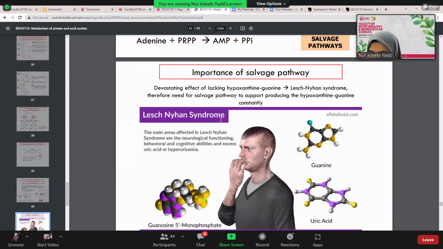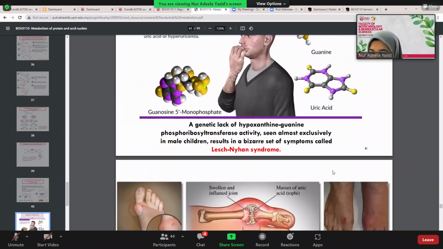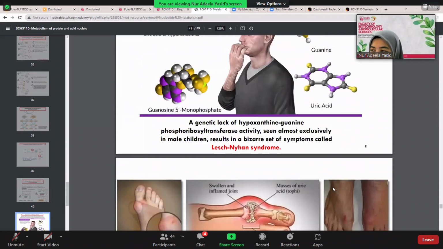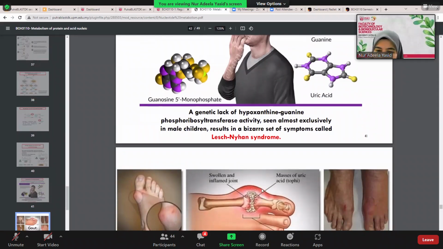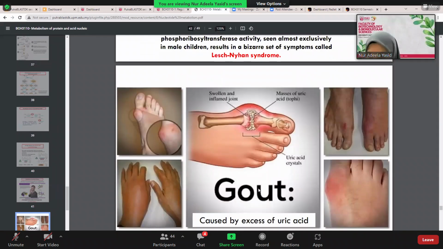So now you know why. I'm sure you tahu kan tentang gout and everything. The high concentration level of uric acid will cause this gout. Gout selalunya will cause this pain dekat joint, swollen and inflamed joint.